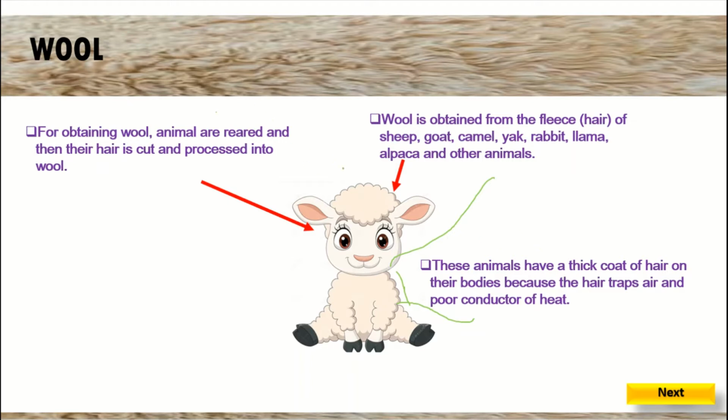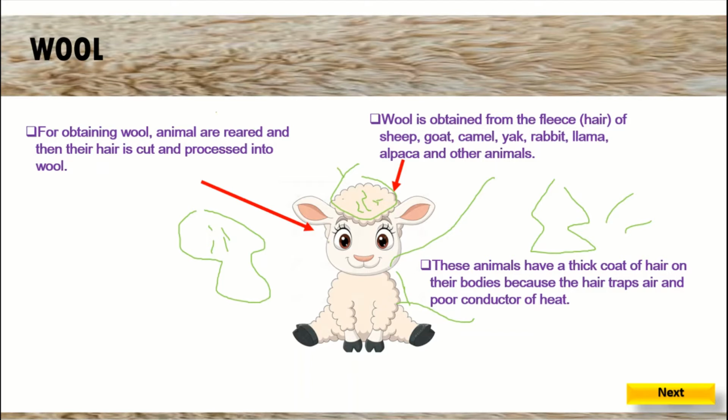Because this fleece traps the air. In the cotton season we wear cotton clothes to remove the heat, and in the woolen season we wear different kinds of woolen clothes so that the air gets trapped. So this wool is obtained from here, which traps the heat.